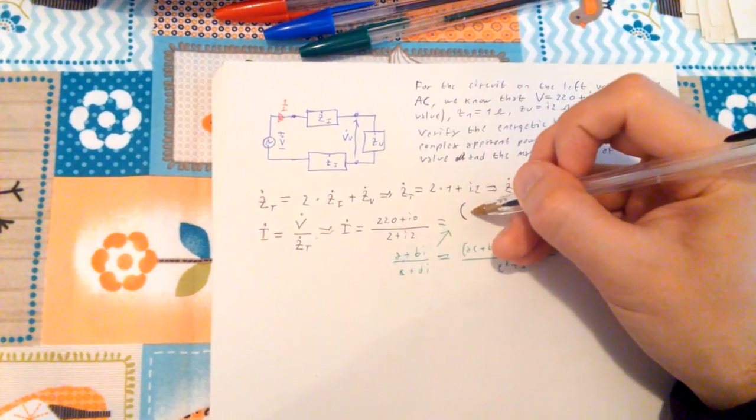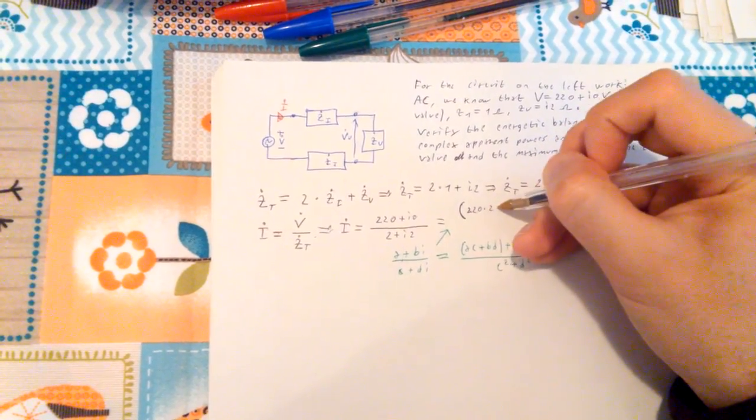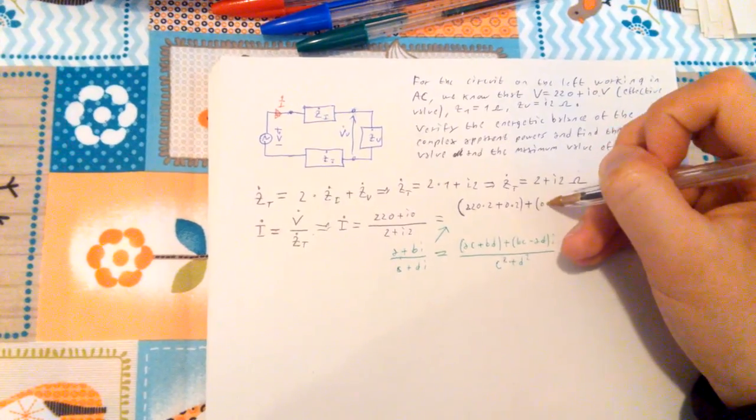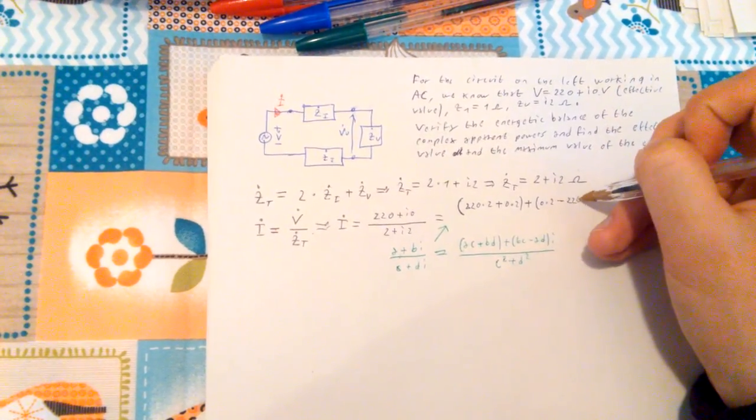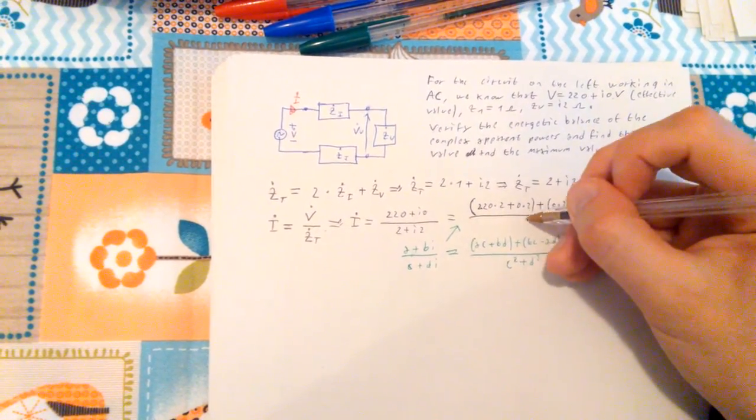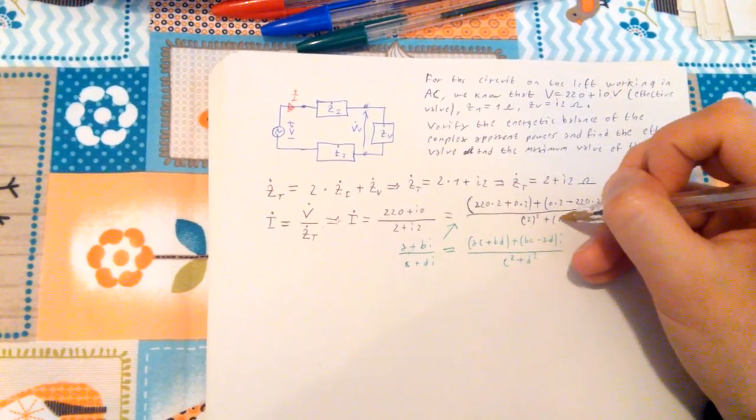So in this case, we would have 220 times 2 plus 0 times 2, plus (0 times 2 minus 220 times 2)i, everything over 2 squared plus 2 squared.